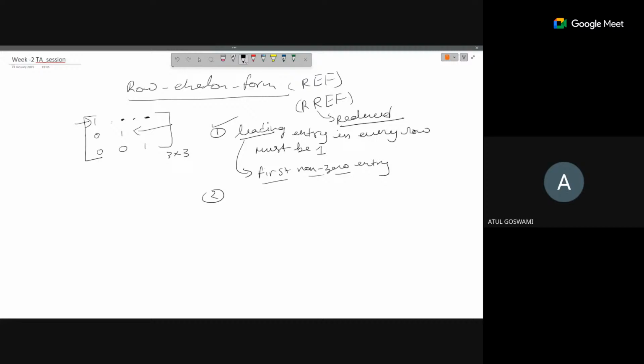Okay, and then the third condition is if there is any zero row, that should come last.